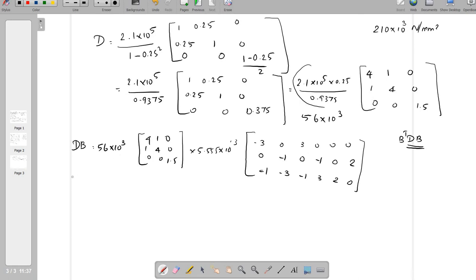I am multiplying the constants 56 into 10 power 3 into 5.555 into 10 power minus 3, which is 311.08.